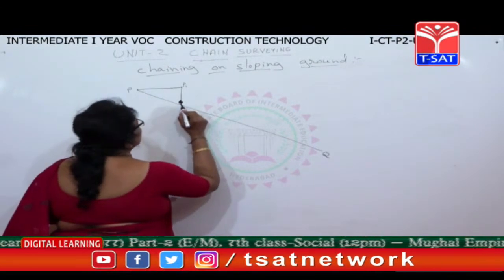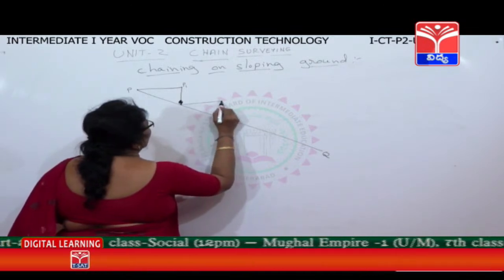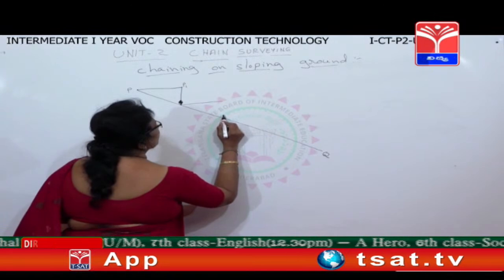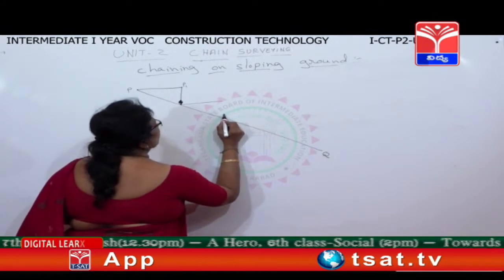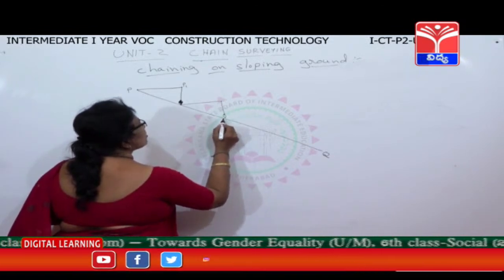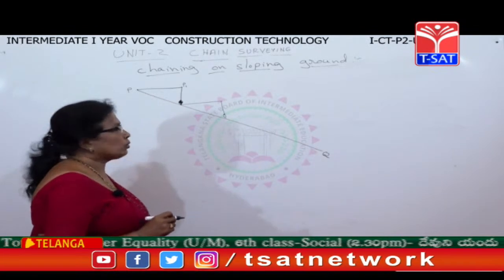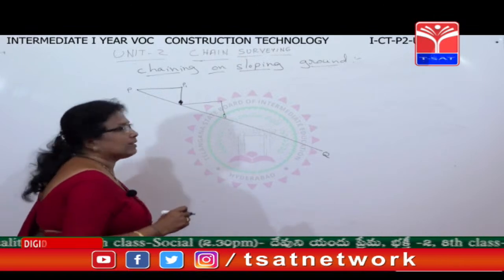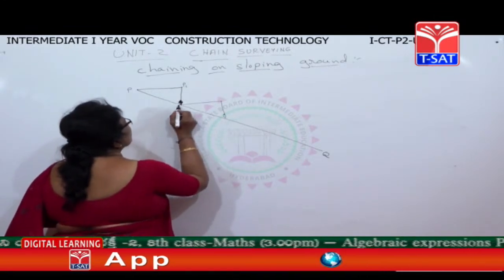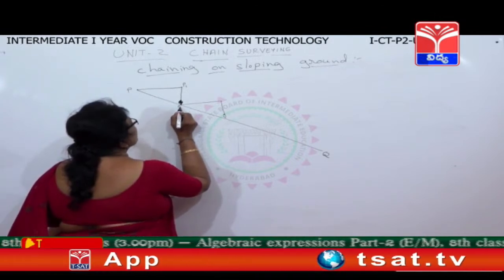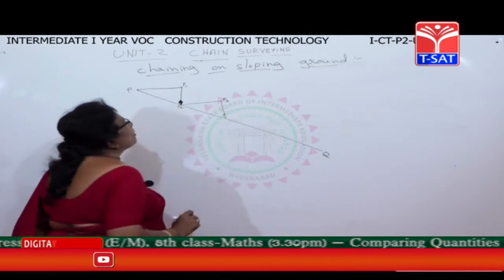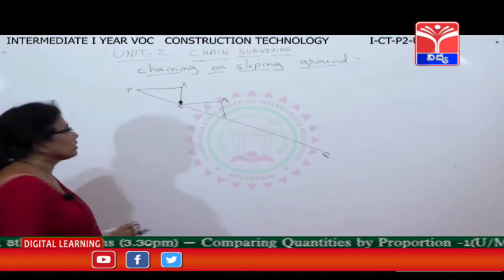Now next, again the same procedure. You will place the plumb bob here and you will stand. This distance is minimum how much? Up to below 2 meters, up to 1.8 like that. And again the person will come here. Say this is P2 and this is P3.